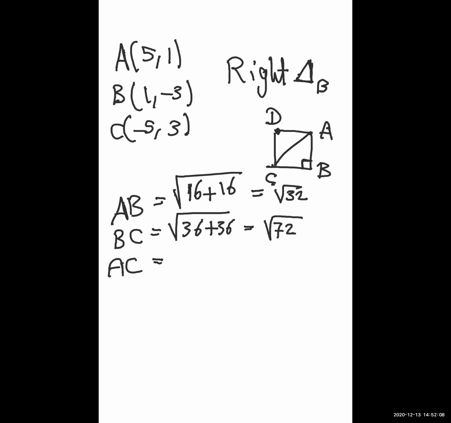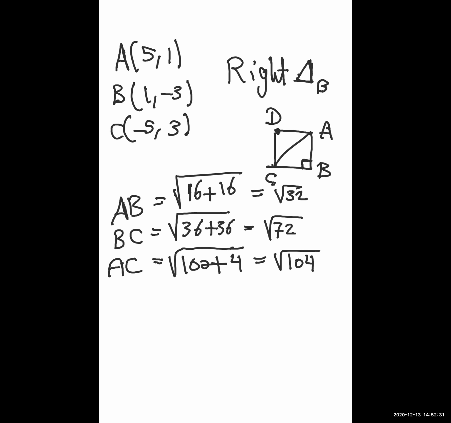Then the last one, AC. 5 minus negative 5 is 10, and 10 squared means 100. Plus 1 minus 3, which is negative 2, and negative 2 squared means 4. So AC equals the square root of 104.